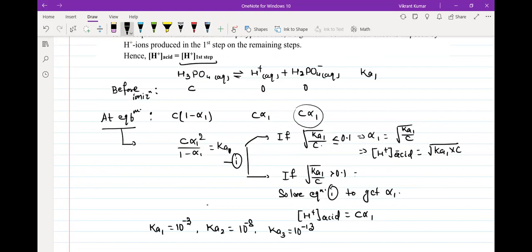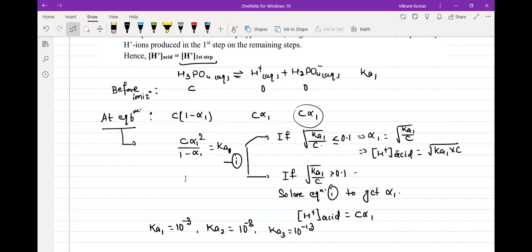See the range. वैसे ही H2CO3 के लिए we will be getting 2 K values. One is in the range of 10 raised to minus 7, another is in the range of 10 raised to minus 11. तो 10,000 times less है, तो definitely we can ignore the remaining steps, है ना. तो practically जितने acids मिलते हैं ना, you can establish this fact that K1 is much greater than K2, that is much greater than K3. So practically we can calculate H plus or pH from the first step itself.